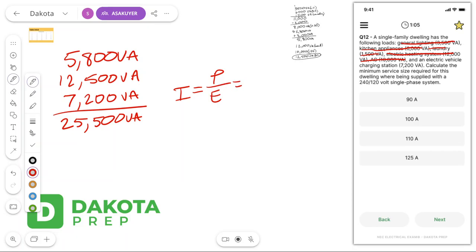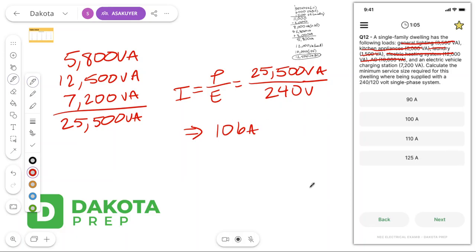Since this is a single phase system, we don't have to worry about the square root of 3, 1.732. We just say, what is our power? 25,500 volt amps divided by our voltage, which is 240 volts. When we plug that into our calculator, we get about 106 amps and some change.